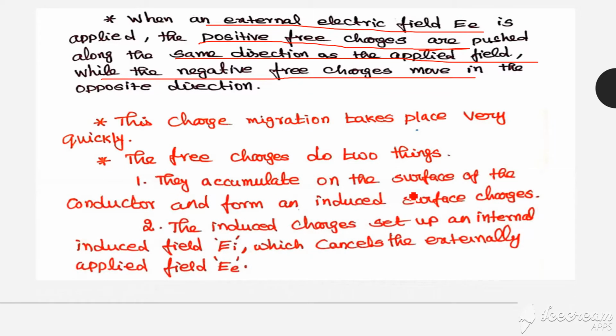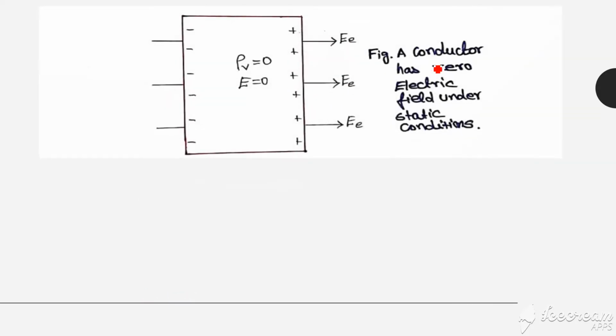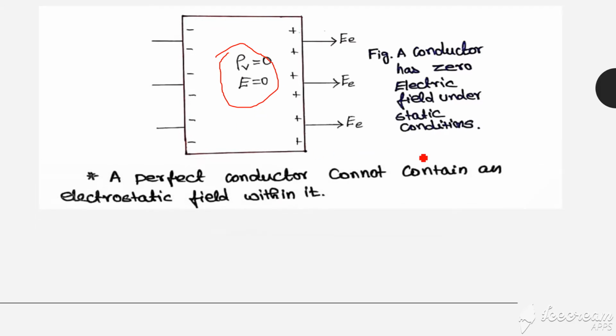First one is they accumulate on the surface of the conductor and form the induced surface charges, that is, induced field EI. The induced charges set up the internal induced field EI, which cancels the externally applied field EE. So at last a conductor has 0 electric field under static condition. So for a pure conductor, rho v is equal to 0 and E is equal to 0. A perfect conductor cannot contain electrostatic field within it.